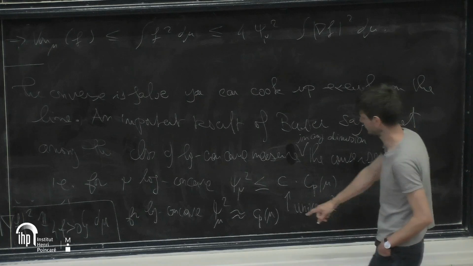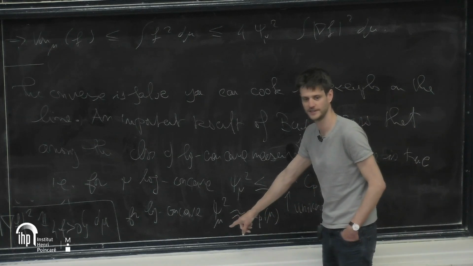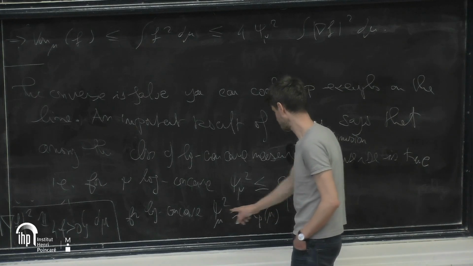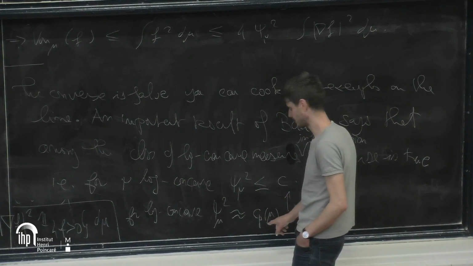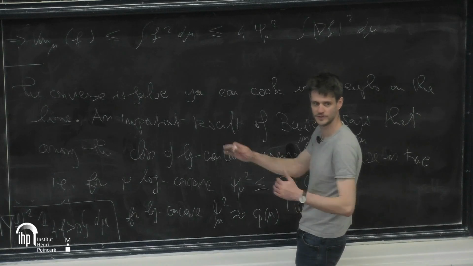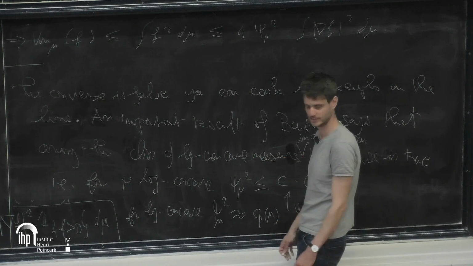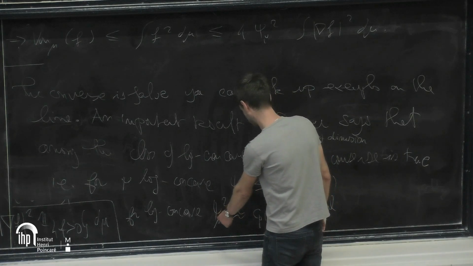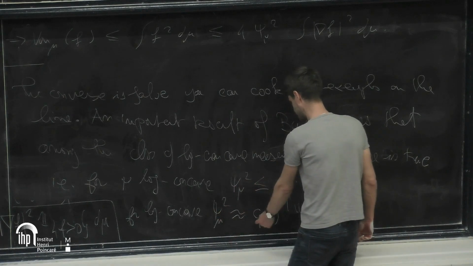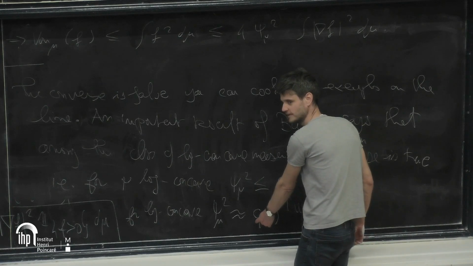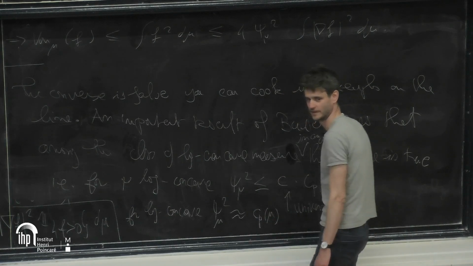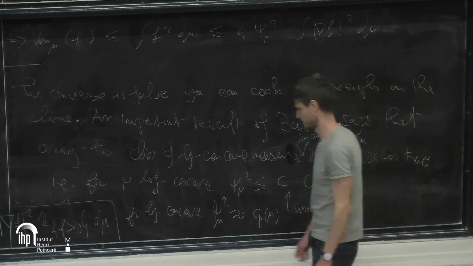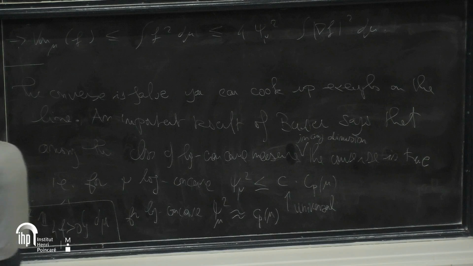I will use this awful notation to say that the ratio between the left-hand side and the right-hand side is bounded above and below by some universal constant. You can think this means the ratio is between 1/10 and 10. Sometimes you have to put 100 and not 10, but usually 10 is okay.